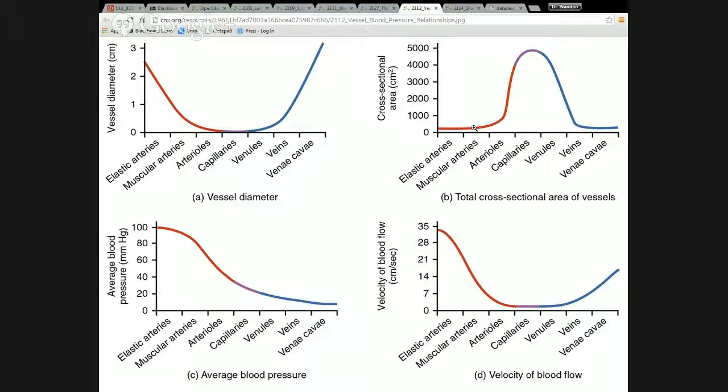Okay, so the cross-sectional area is going to be a lot smaller for that vessel, but there's a lot more of them. So if we look at the cross-sectional area of all of these together, then it's going to probably come out to something pretty close to the cross-sectional area of that one aorta.